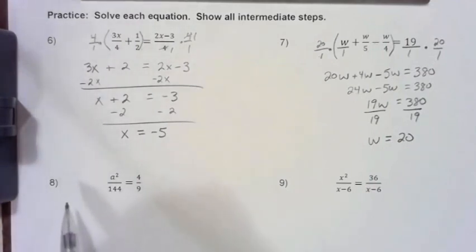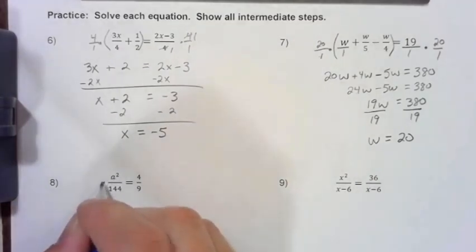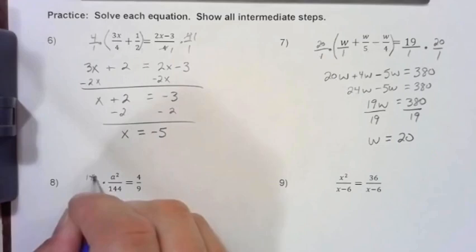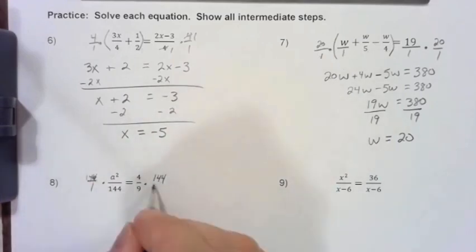In example 8, a squared divided by 144 equals 4 divided by 9. I have to see if I can figure out what the least common multiple is for 144 and 9. And fortunately, I know that it is 144. So I'm going to multiply each side by 144.